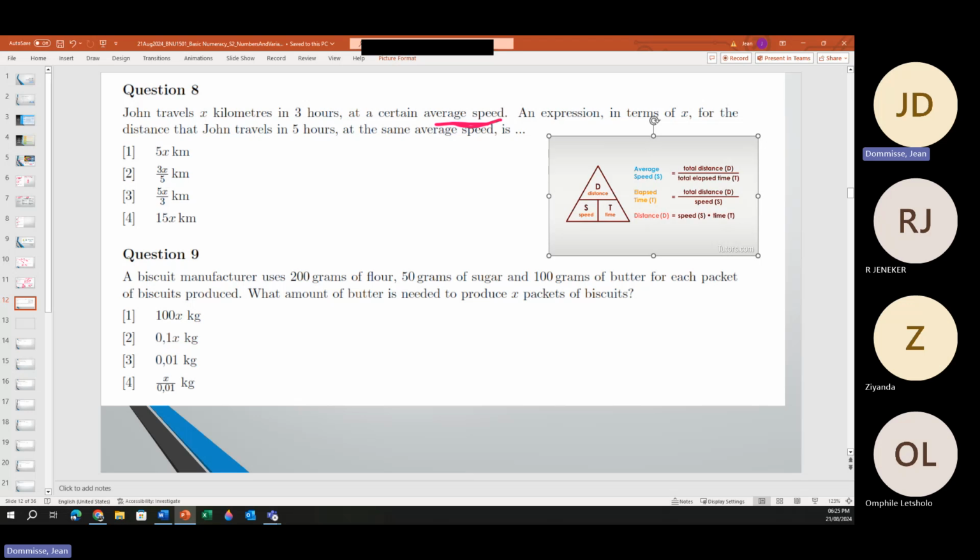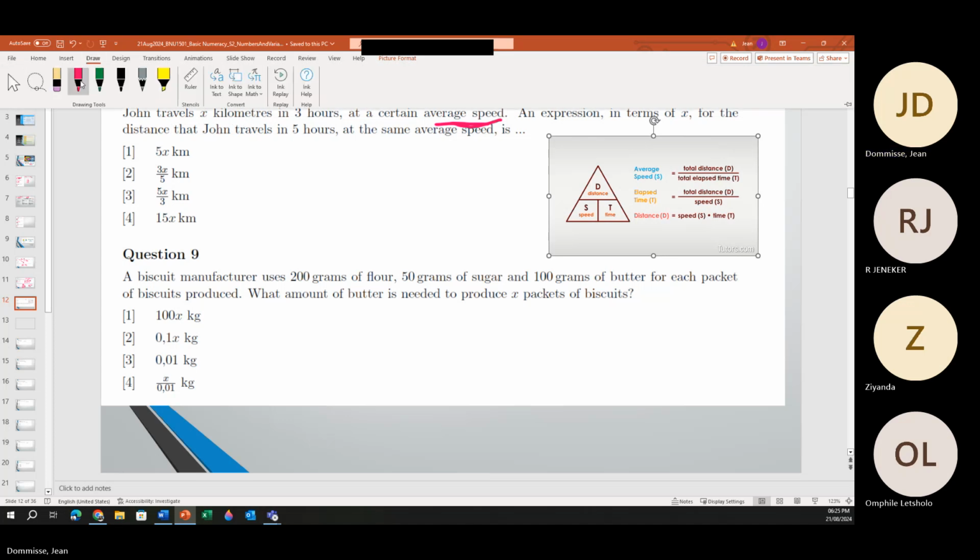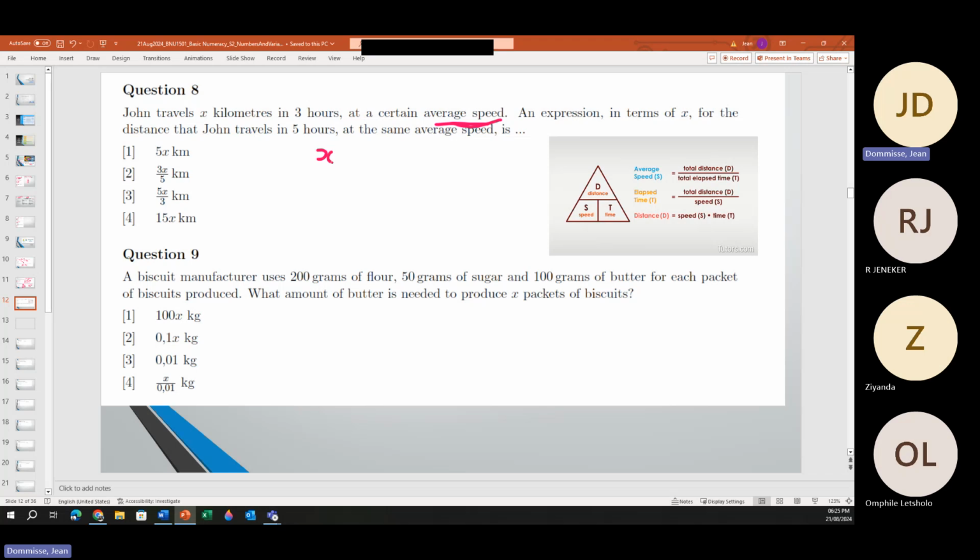Okay, so that we can use that. So average speed is total distance over time. The average speed would have been distance x over time. So that would have been the average speed per hour.